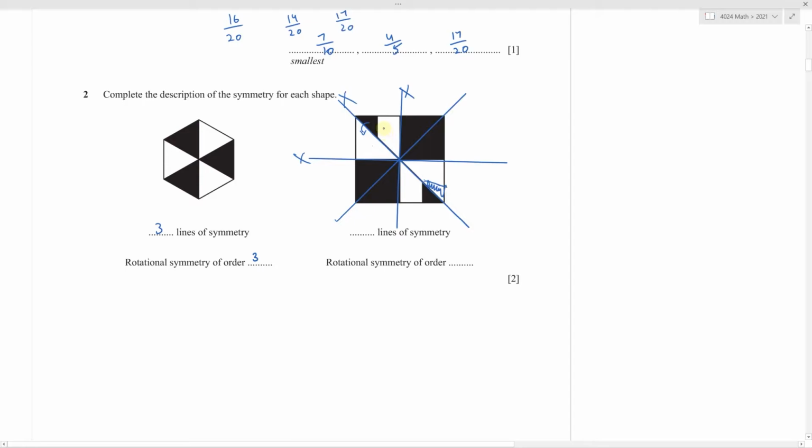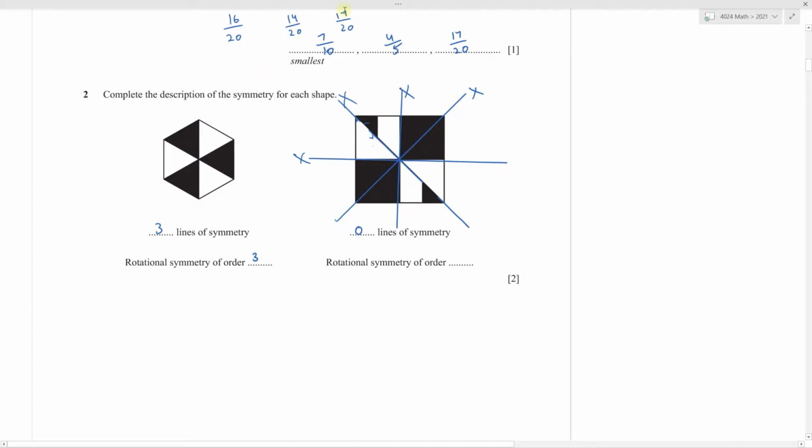If I mirror it across this line of symmetry, it will come over here, and if I mirror this, it will come over here. Since these are not shaded black, this is also not a valid line of symmetry. Similarly, you can check all the other possible lines of symmetry for this overall square and see if they are valid with these shaded regions. So there are no lines of symmetry, so 0.